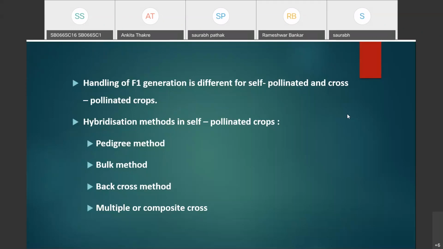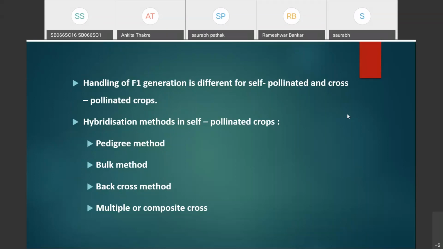In the theory examination, a long answer question may be asked: what is meant by hybridization, and give a detailed account of hybridization methods in the self-pollinated crop.